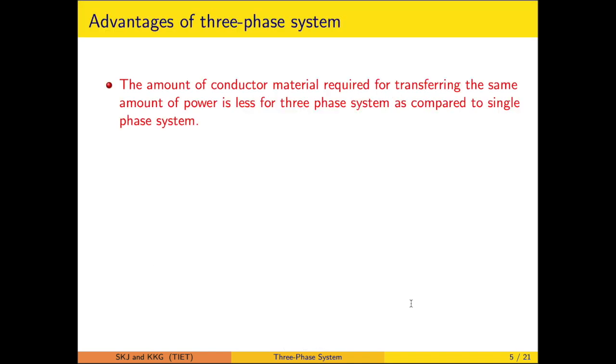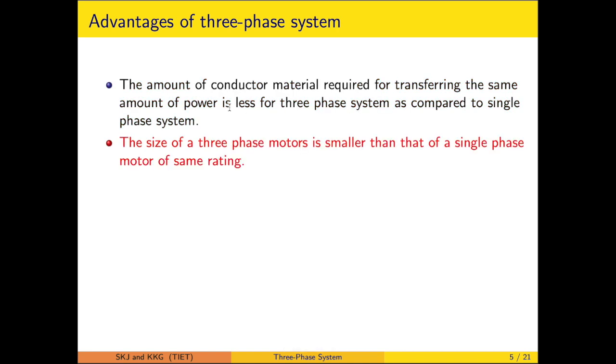Now we have to understand the advantages of the three phase system and why we are going for it. When we have to generate and transfer the same amount of power, the amount of conducting material required is much less as compared to three single phase systems. Three phase machines are smaller in size in comparison to single phase machines of the same rating.